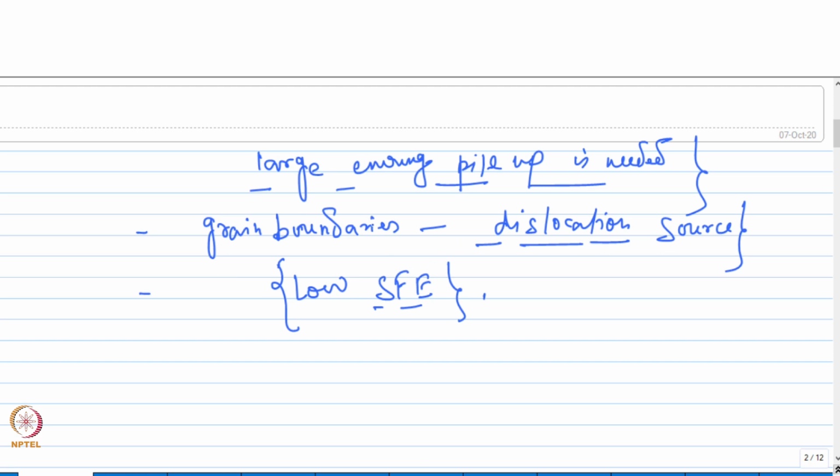And as I said, on the other hand, you also have grain boundaries acting as dislocation source also. So considering this, the theories which were later proposed did not really focus on the stress which is developed by dislocation pile up. Rather, those theories consider the dislocation density and the effect of grain size on the same.